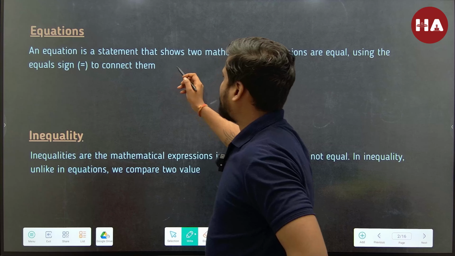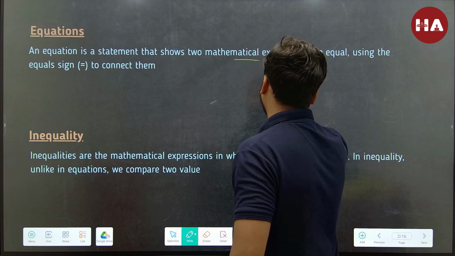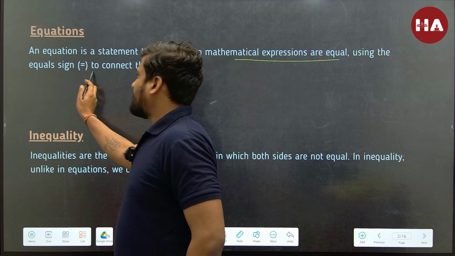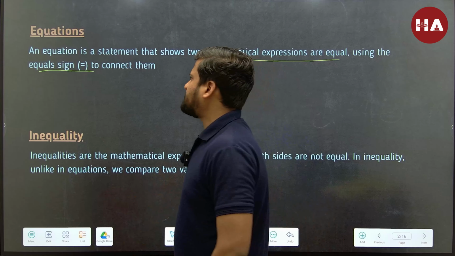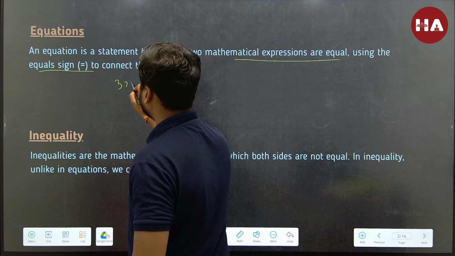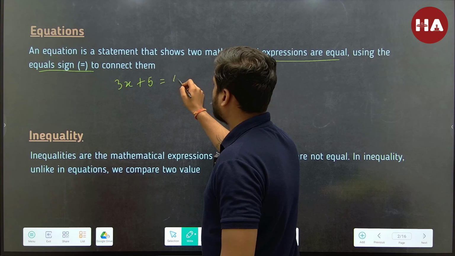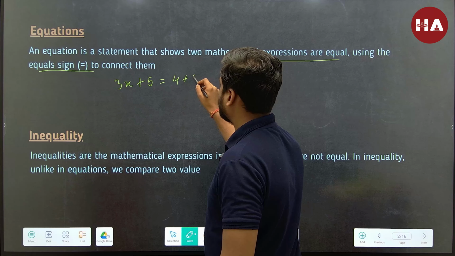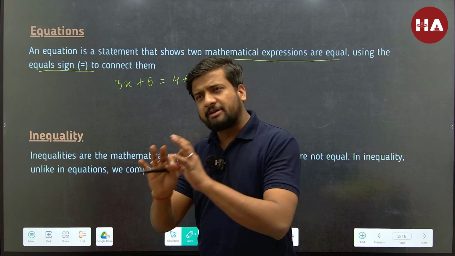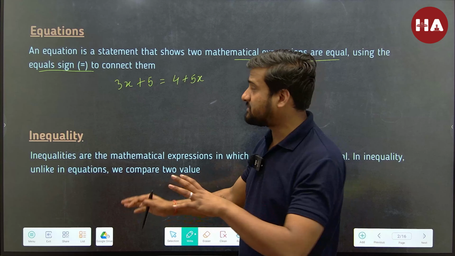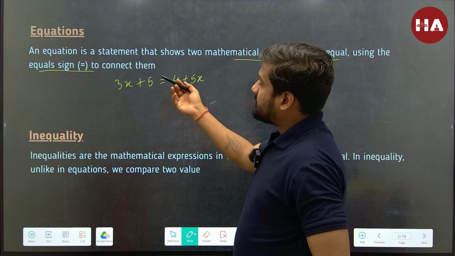An equation is a statement that shows two mathematical expressions are equal using the equal sign to connect them. Alright, I am going to give you a very basic example. Right, this is a very simple and basic example, but it does give me an idea what an equation actually is.